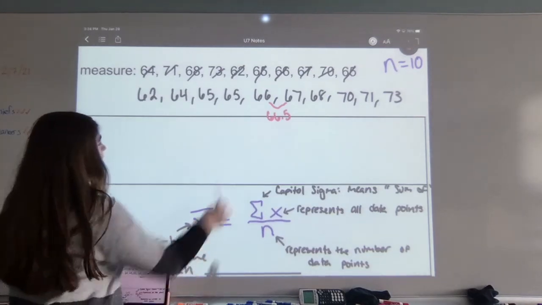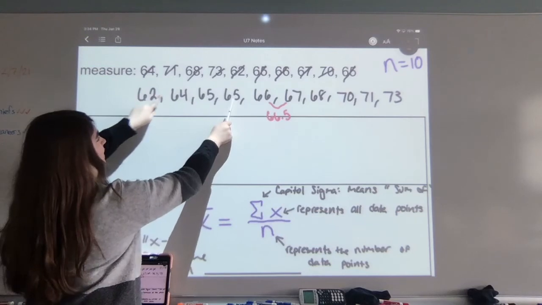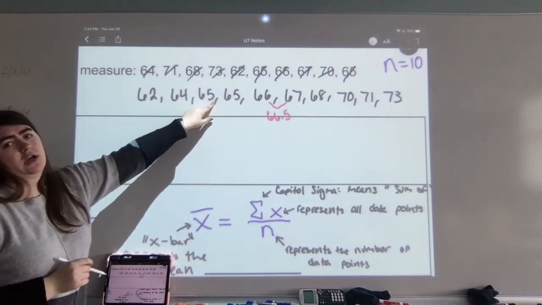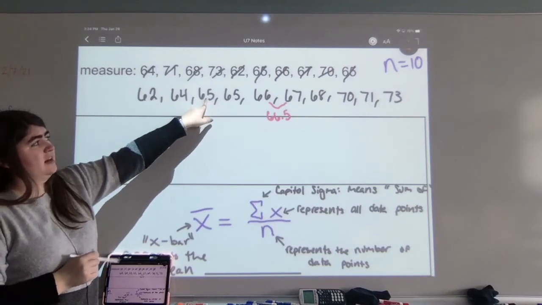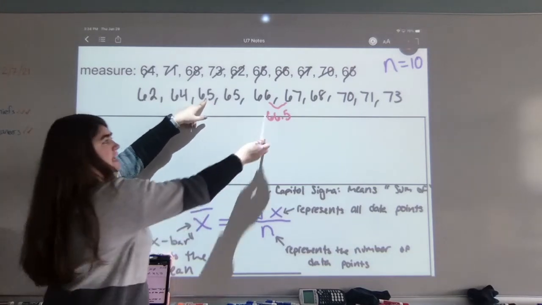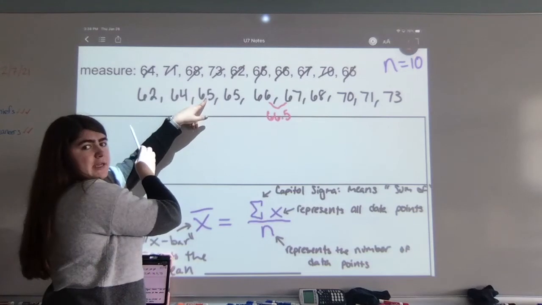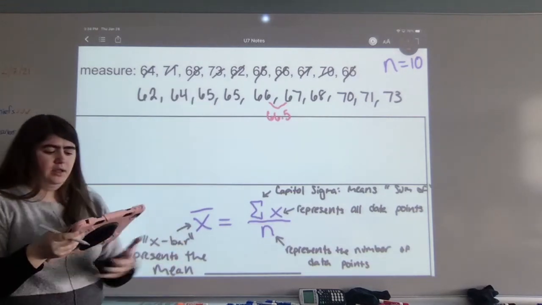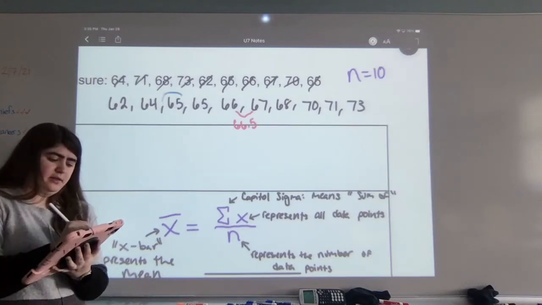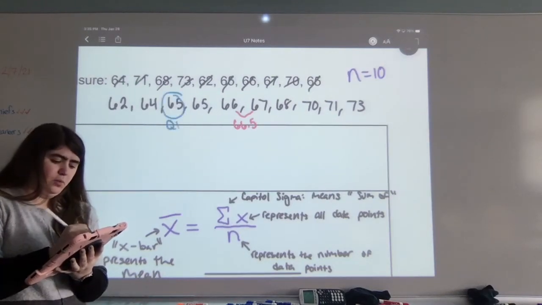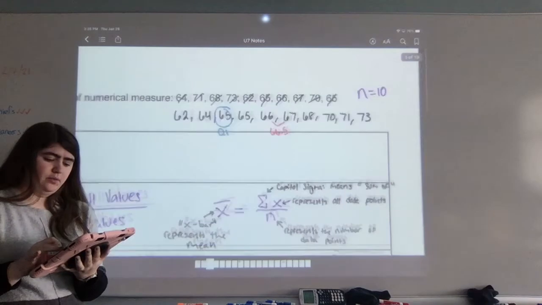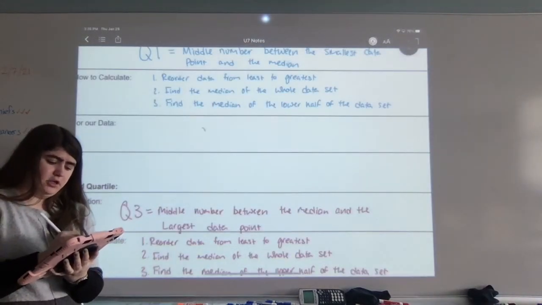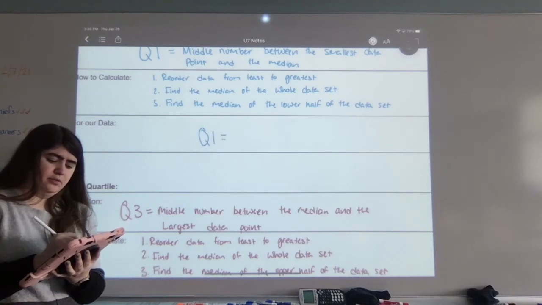So I have 66 and 62, 65 and 64, and this right here must be our Q1 because it is the middle of the data below our median. So this is Q1, 65. Let's circle that. 65, that is our Q1. And we will write that on the other page as well, that Q1 is equal to 65.